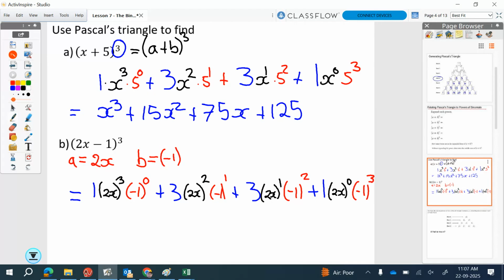That's just going to toggle plus, negative, plus, negative. Because the power 2 is positive, the power 1 would be negative. It's negative.